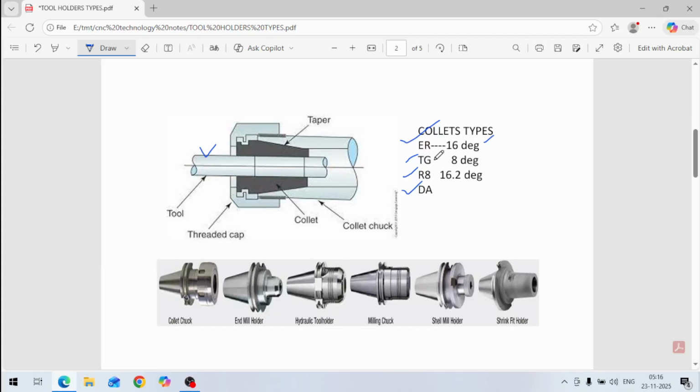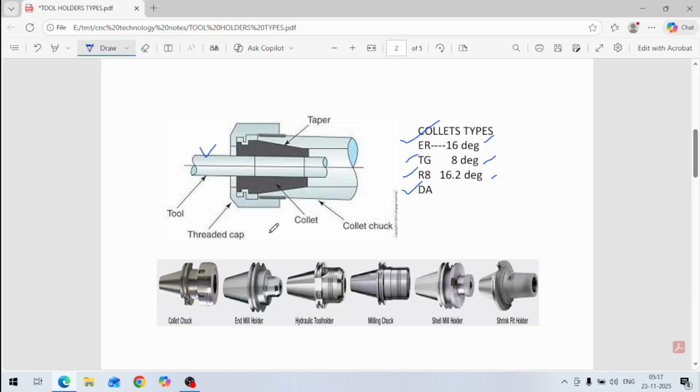TG, tremendous grip, is 8 degrees, half of this. R8 is 16.2 degrees. DA is double angle, with a 25 degree angle. We will discuss it in the next page.